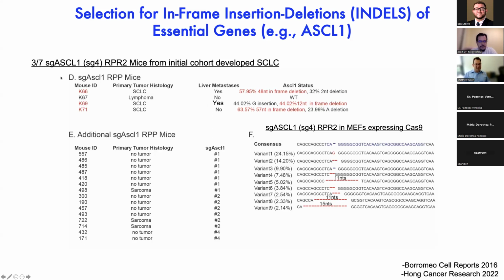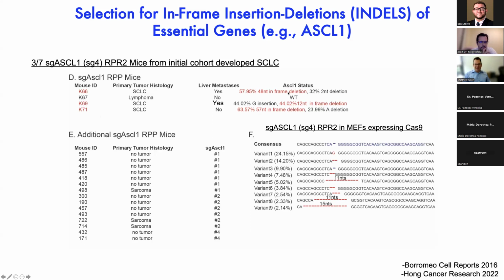So what I'm mentioning here is this panel in D, where these mice got this ASCL1 guide, and we can see basically that no tumors formed with this ASCL1 guide forming a frameshift deletion.